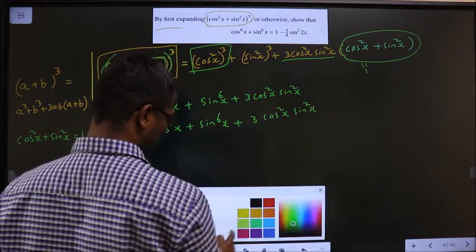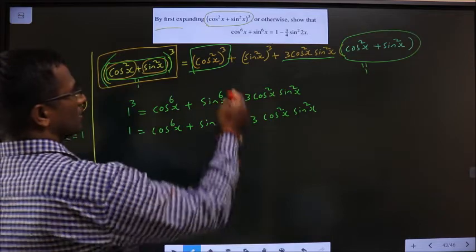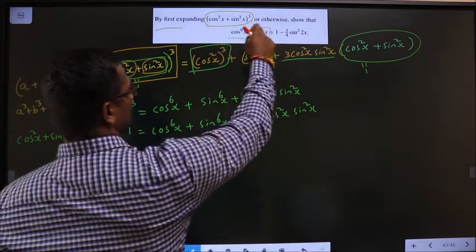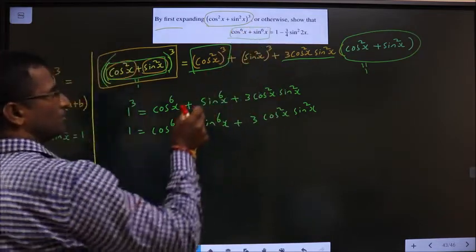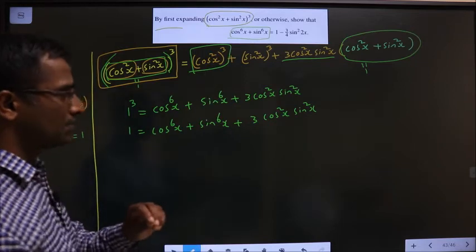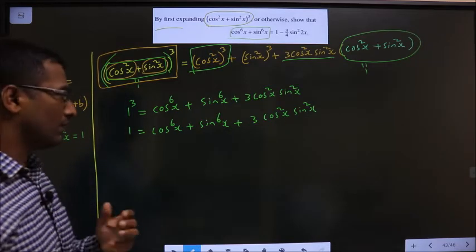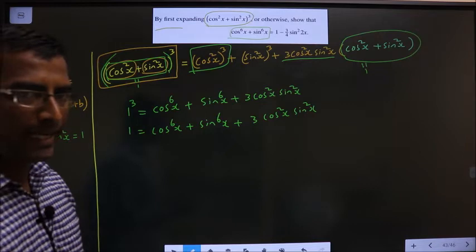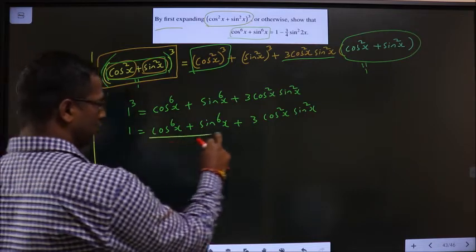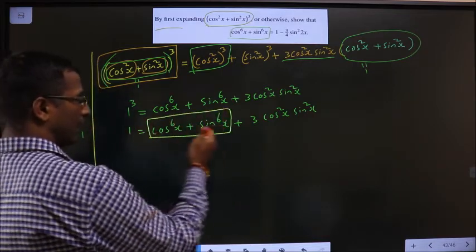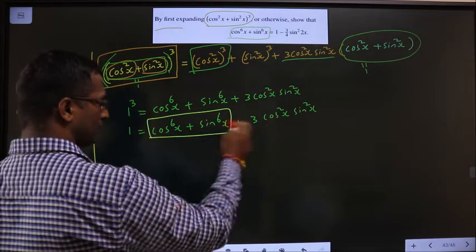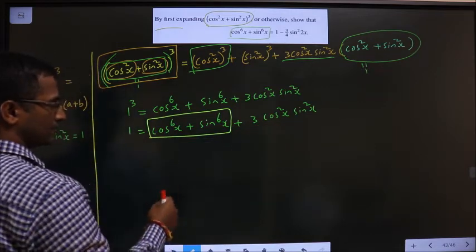Now we have to show this one. On this side cos⁶x and sin⁶x are present. That gives me the idea to leave these two here and shift whatever is attached to them to the other side.